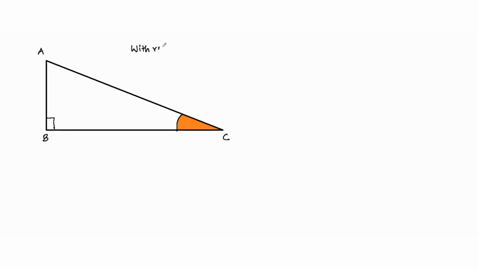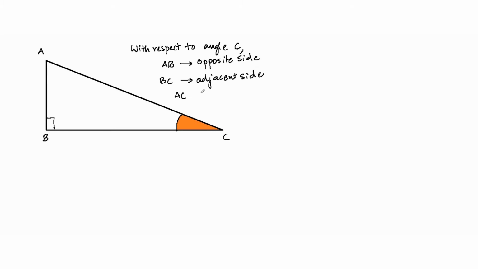With respect to angle C, AB forms my opposite side. AB is the opposite side. Then BC forms the adjacent side. So BC is the adjacent side. And AC is the hypotenuse. AC is the hypotenuse.